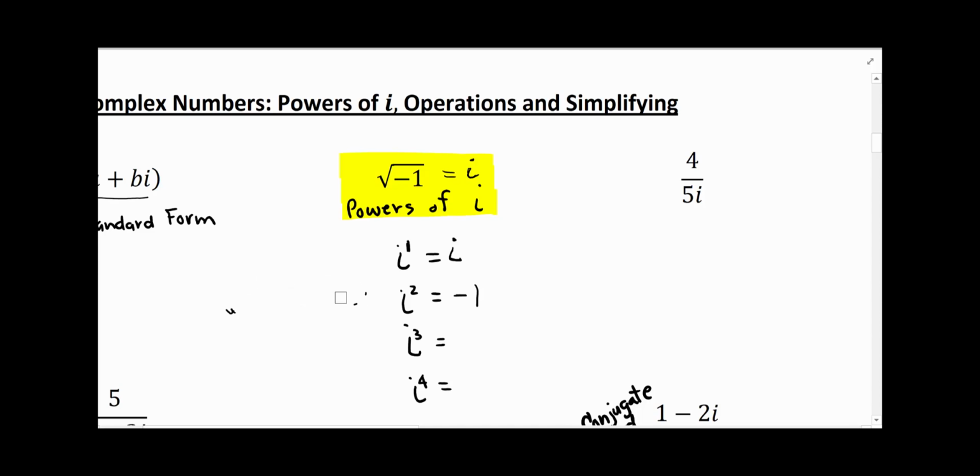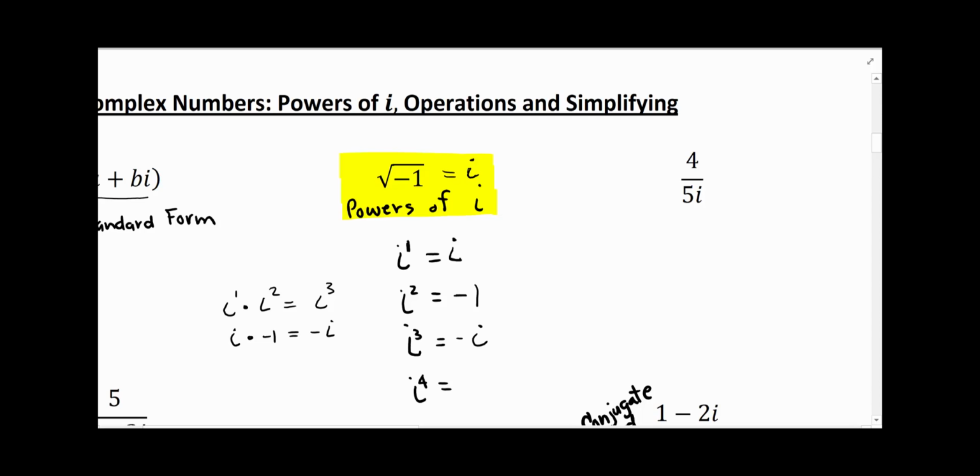Okay. i cubed, well, let's think about this. i to the first times i squared is equal to i cubed, right? Well, i to the first is i, i squared is negative 1. Negative 1 times i is just negative i.